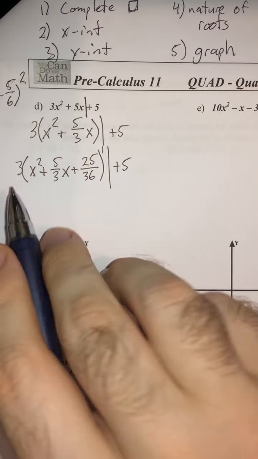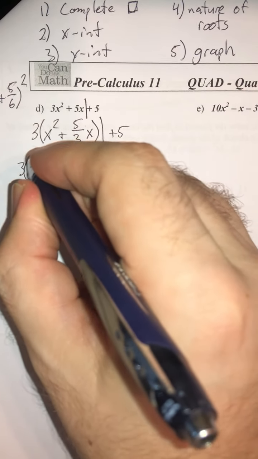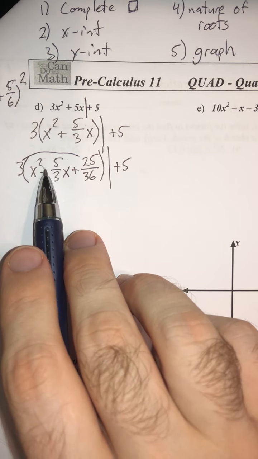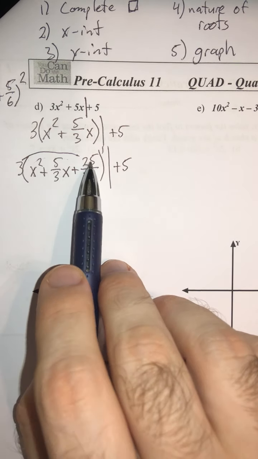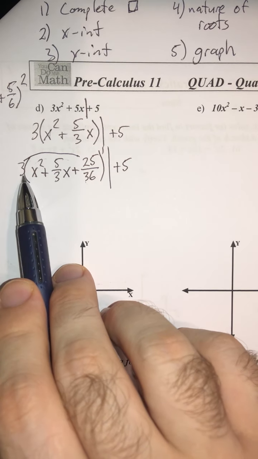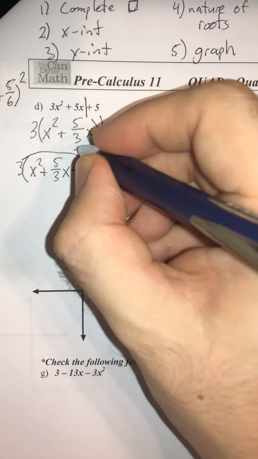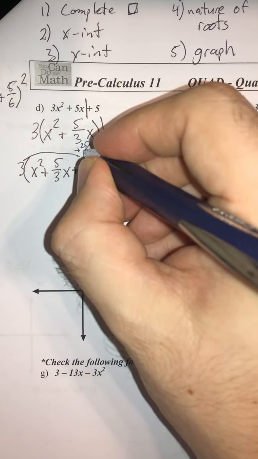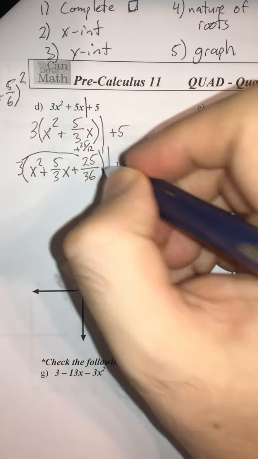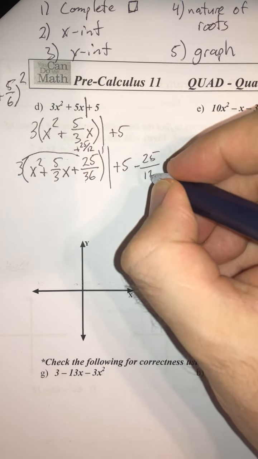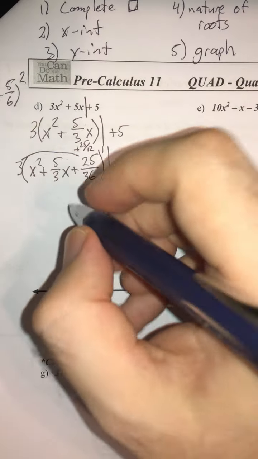Whatever we did on this side, we're going to multiply these two together. We need to figure out what we actually did on this side of the equation. If I did 25/36 times 3, what I would get is we added 25/12 on this side. So I need to subtract 25/12 on this side. And then simplify this up.